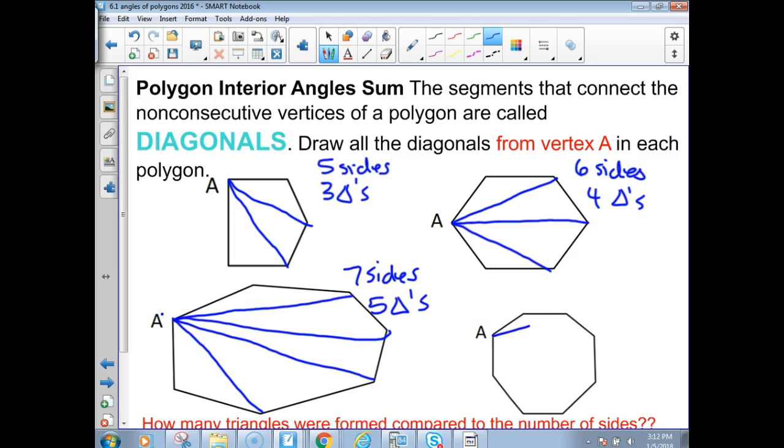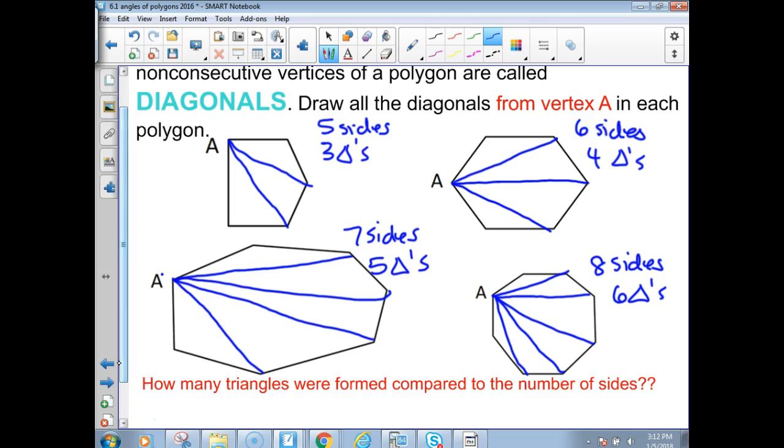And the last one, 3, 4, 5, 6, this had 8 sides and 6 triangles. So the burning question was, how many triangles were formed compared to the number of sides? It was number of sides minus 2.